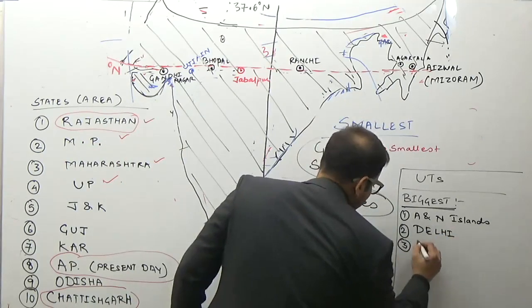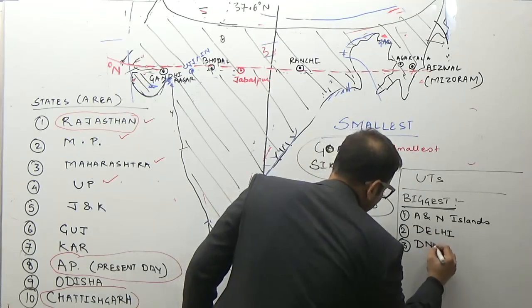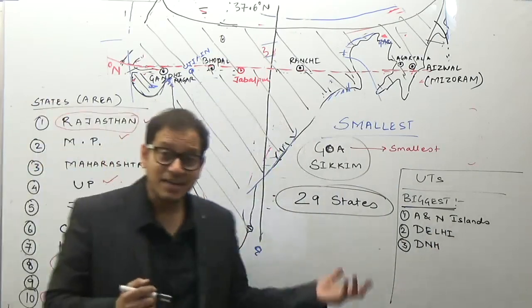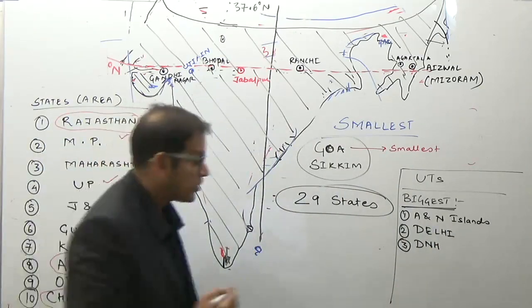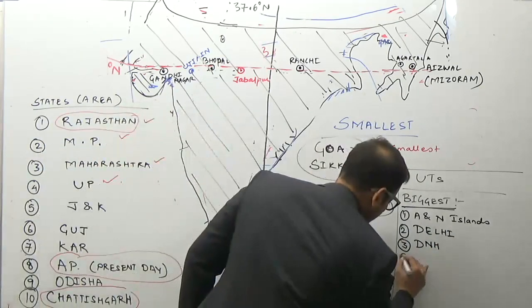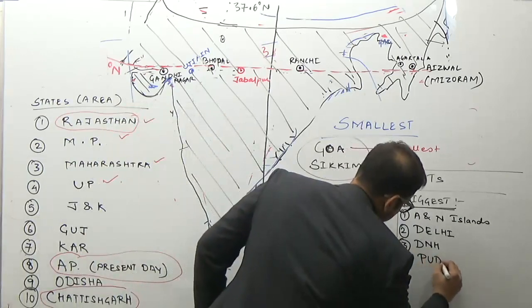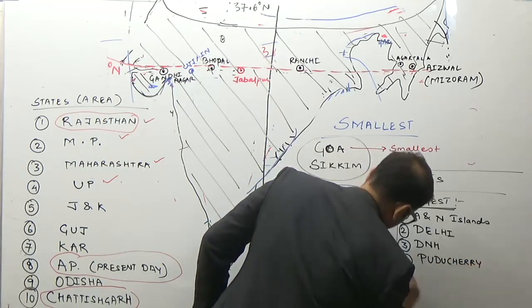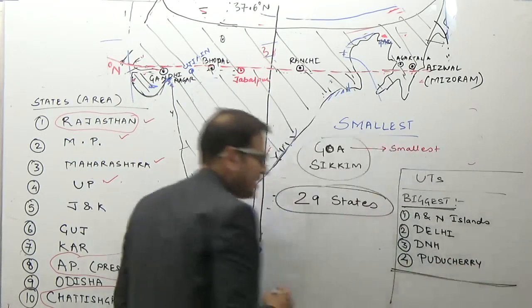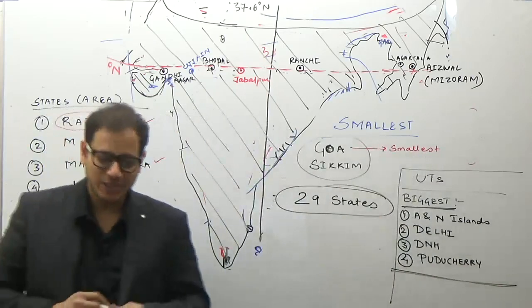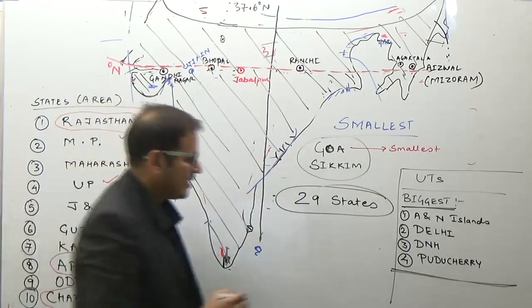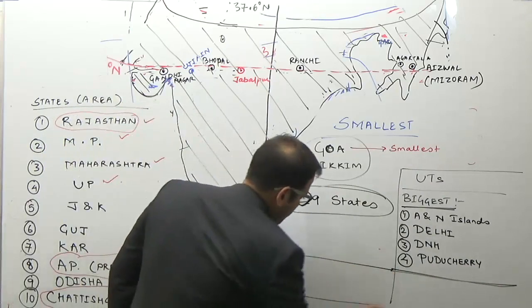The third biggest Union Territory is Dadra and Nagar Haveli, which we call DNH. And the fourth biggest Union Territory is Puducherry. After that, the smallest Union Territory is Lakshadweep.